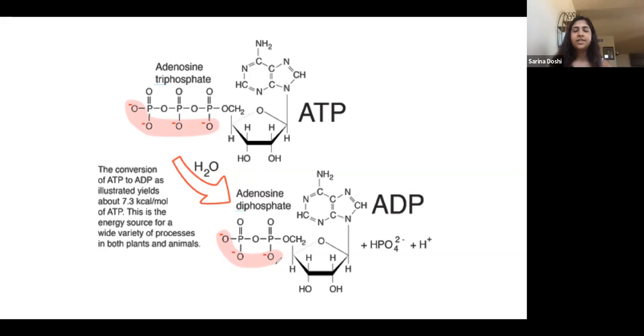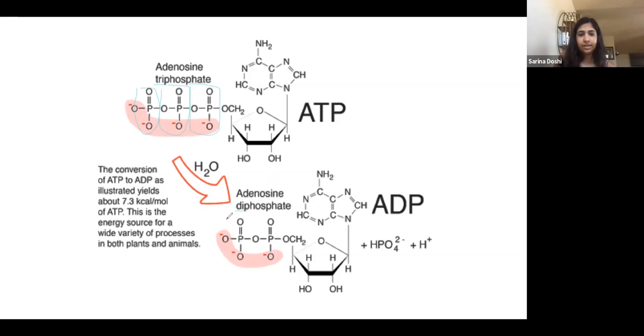So the reason that ATP is such an amazing source of energy is because of the phosphate and the phosphate bonds. So if we look at the 3 groups, this right here is 1 group, this is another group, and this is your 3rd group.